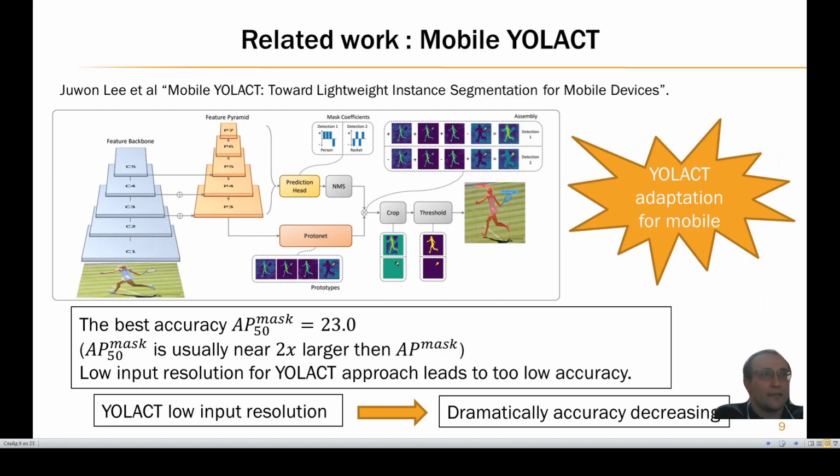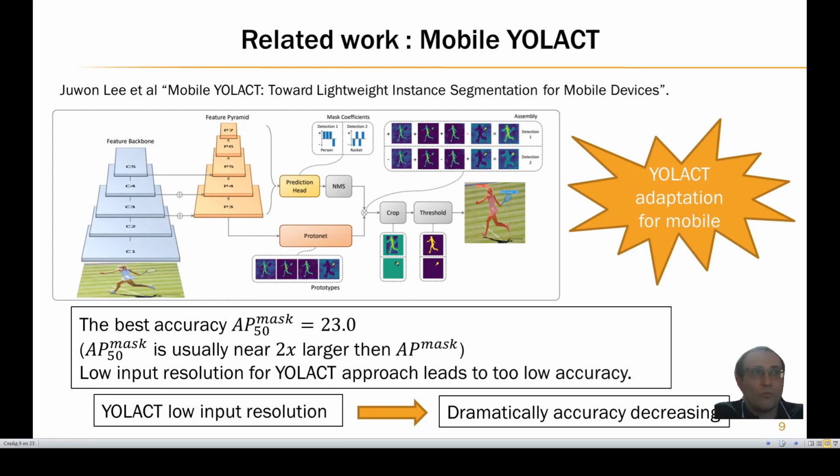The lightweight YOLACT modification named Mobile YOLACT has low input resolution 320 by 320 and is designed for mobile environments. However, the best result of Mobile YOLACT is average precision mask with intersection over union 50 equal to 23.0, which is too low because integral average precision is usually near twice smaller than average precision mask 50.